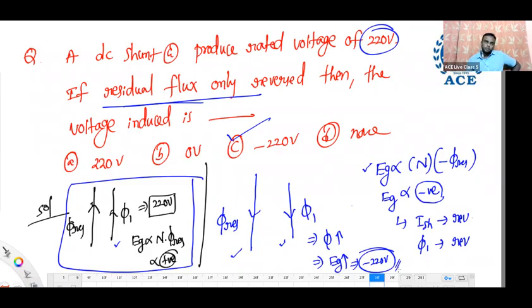Opposite polarity. Clear now? All of you, once more clear?